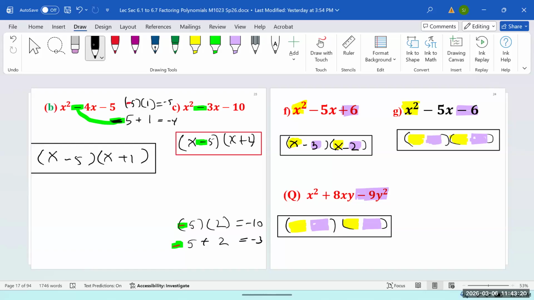Malinda, the next one, G. Let me read here first. x plus 3 and x plus 2. So 3 times 2 is supposed to be 6, but we have negative 6. Minus 3 times 2 is minus 6, but minus 3 plus 2 is negative 1, not negative 5. But we have negative 5 in the middle.